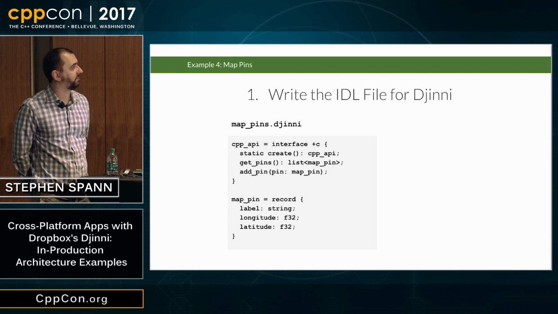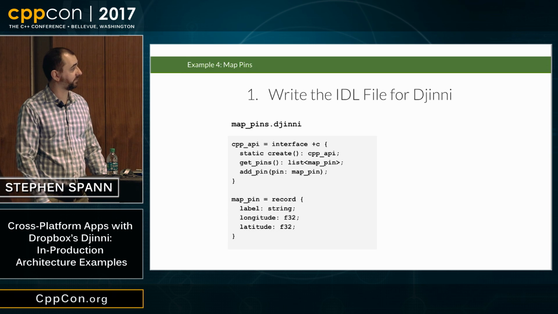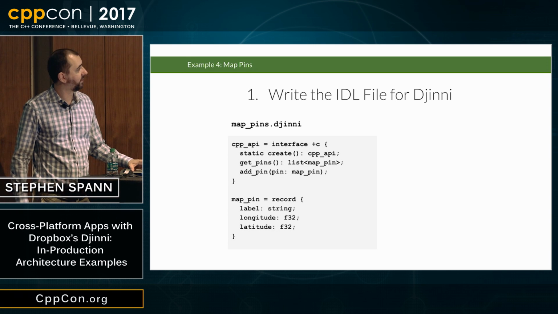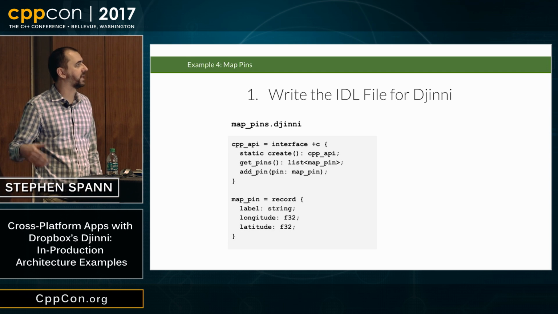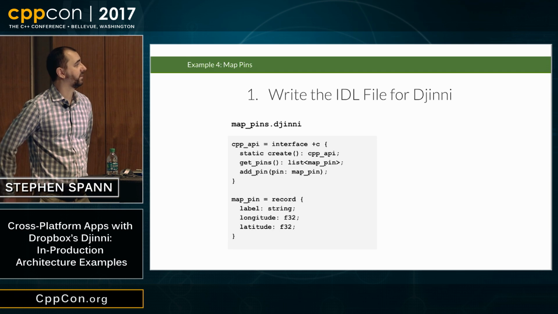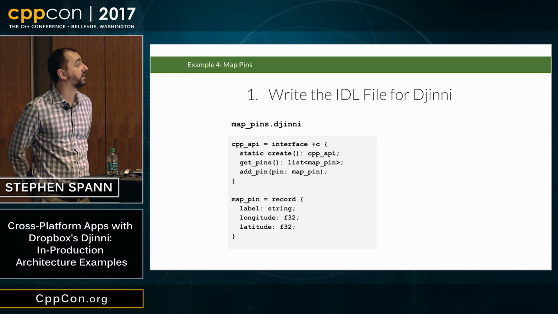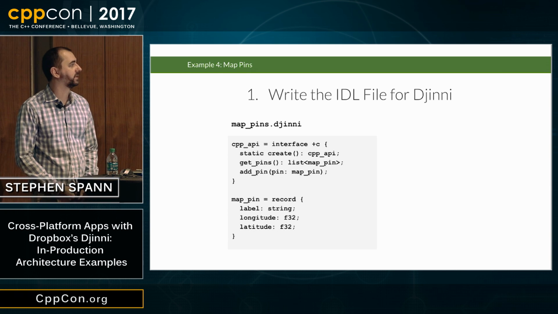GetPins returns a list of pins, and addPin takes an argument of a pin. Down below, we haven't seen this yet. This is one of Djinni's other types, which is a record. It's basically just a list of values and names and their types. For a map pin, we have a label, longitude, and latitude.